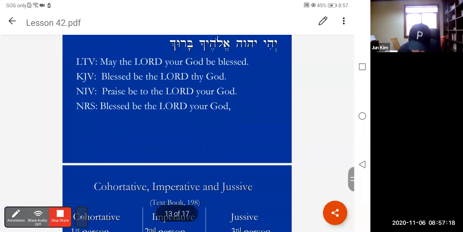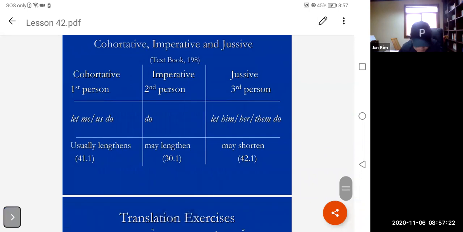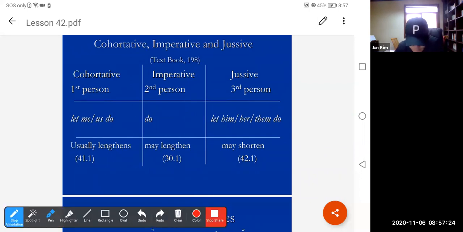Okay, let's look at this. Now we are dealing with cohortative, imperative, and jussive. Close your eyes and let me know: in terms of the cohortative, what do you expect? What indicators do you have?